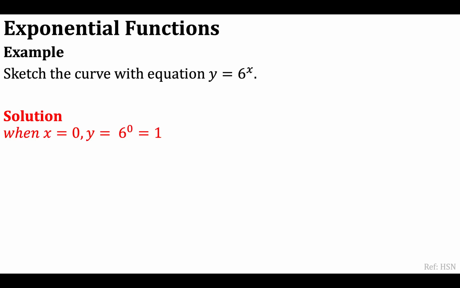So when x is equal to 0, obviously we would then have y equals 6 to the power 0, and we know that anything to the power 0 is equal to 1. So we've got the point 0, 1. If we then set x equal to 1, we know that y is going to be 6 to the power 1, which is equal to 6. And that gives us the point 1, 6.